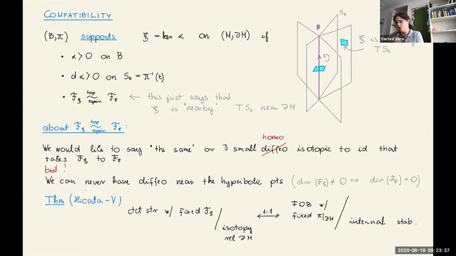And if you have two foliated open books compatible with the same contact structure, then they have common stabilizations, where the stabilizations all happen inside the manifold, far from the boundary. So you have common stabilizations which give you the same foliated open book at the end. The proof is not an independent proof of the original Giroux correspondence. It goes back to the Giroux correspondence for partial open books, which goes back to the original Giroux correspondence.